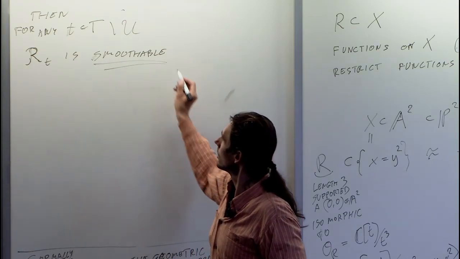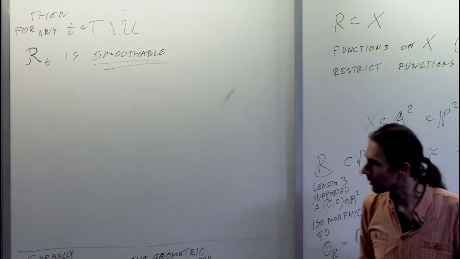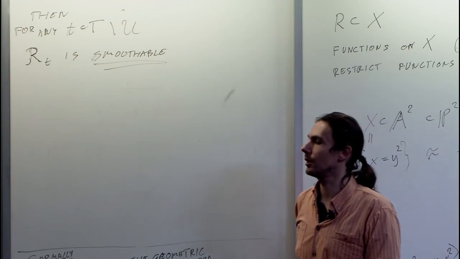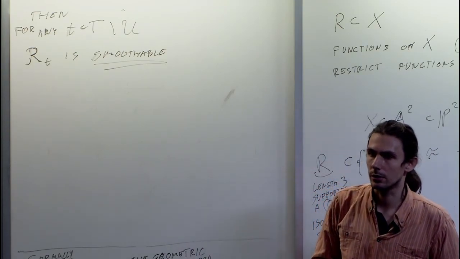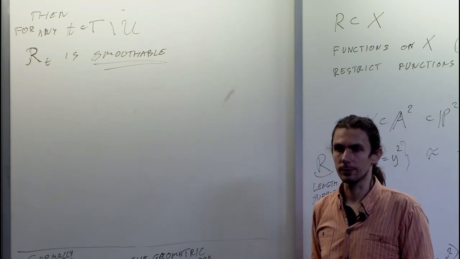And that's the definition of the set of smoothable schemes. So in brief words, they are just limits of disjoint unions of points.